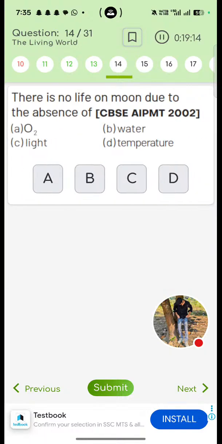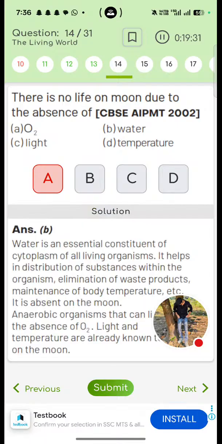Next. There is no life on the moon due to the absence of oxygen, water, light or temperature. Water.